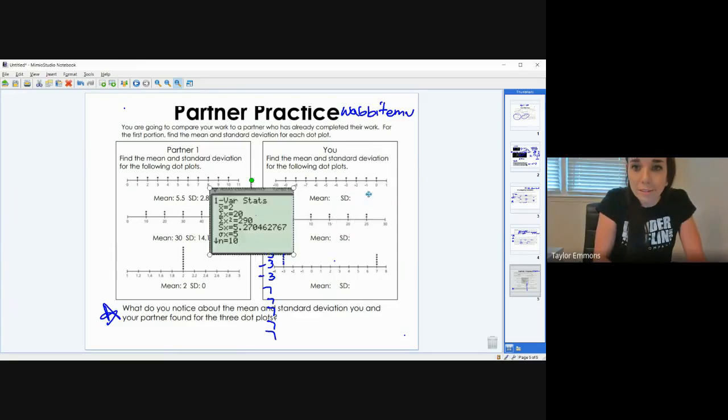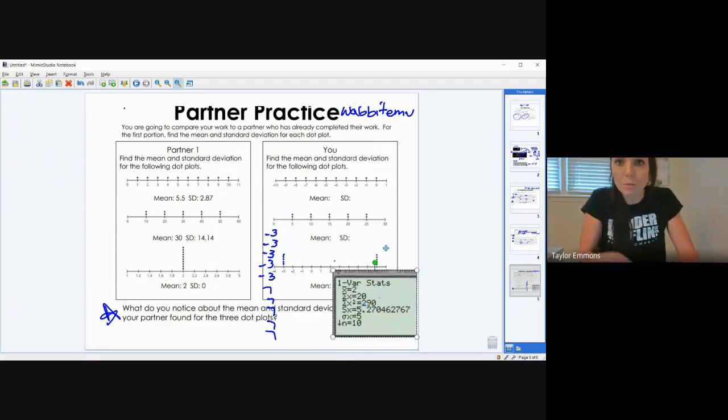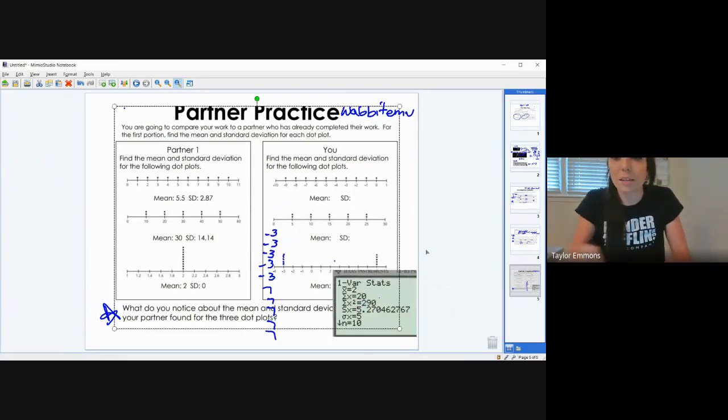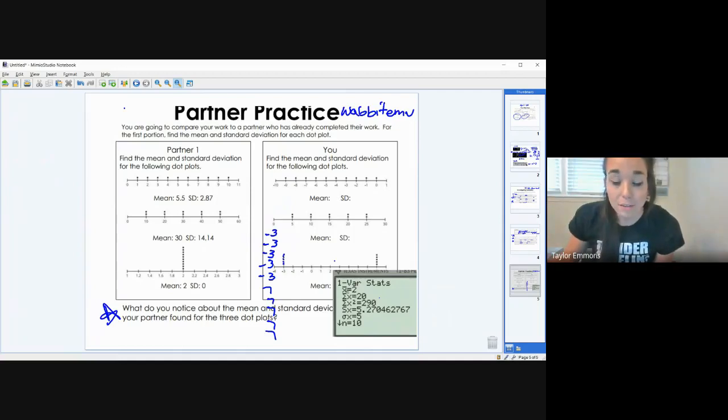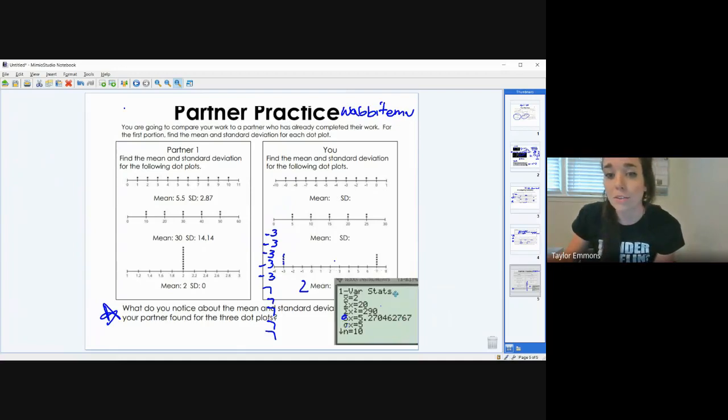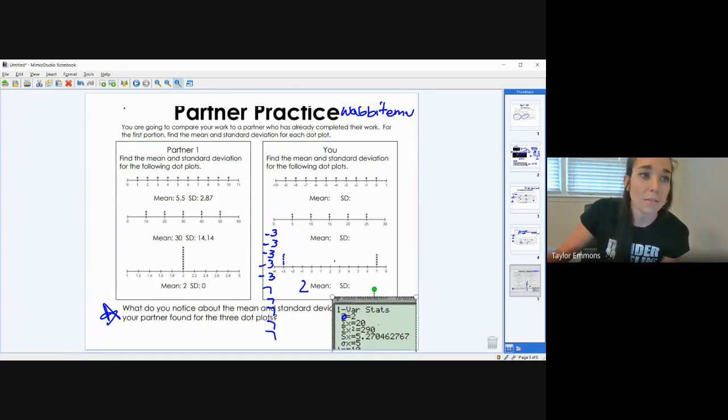So analyzing this, X bar, which is our mean, is 2. And our standard deviation is going to be the sigma right here, which is 5.